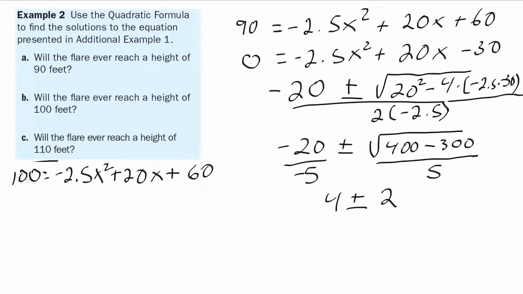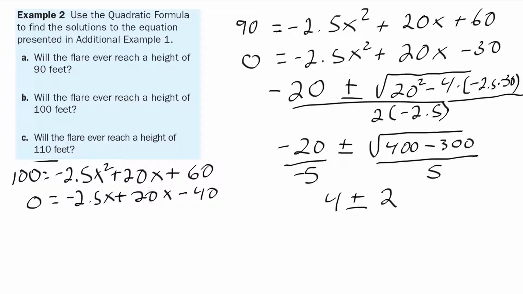So I'm going to end up with a negative 2.5x squared plus 20x minus 40. My leading term, my b term, nothing has changed, the only one that's changed is the c value.